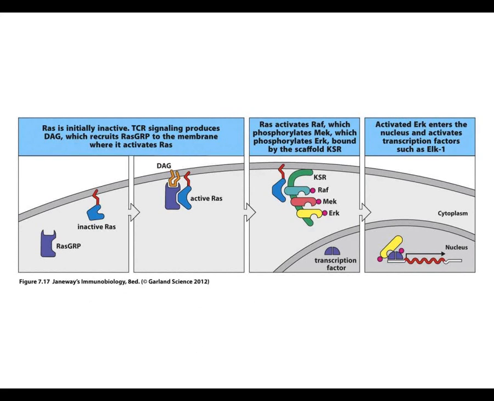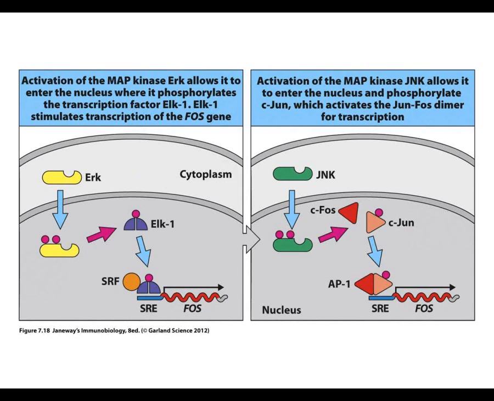So DAG can activate RAS, which activates RAF, MEK, and ERK, the MAP kinase. Activated ERK enters the nucleus and activates transcription factors, like I believe AP1 is also one. AP1 is made of Fos and Jun.